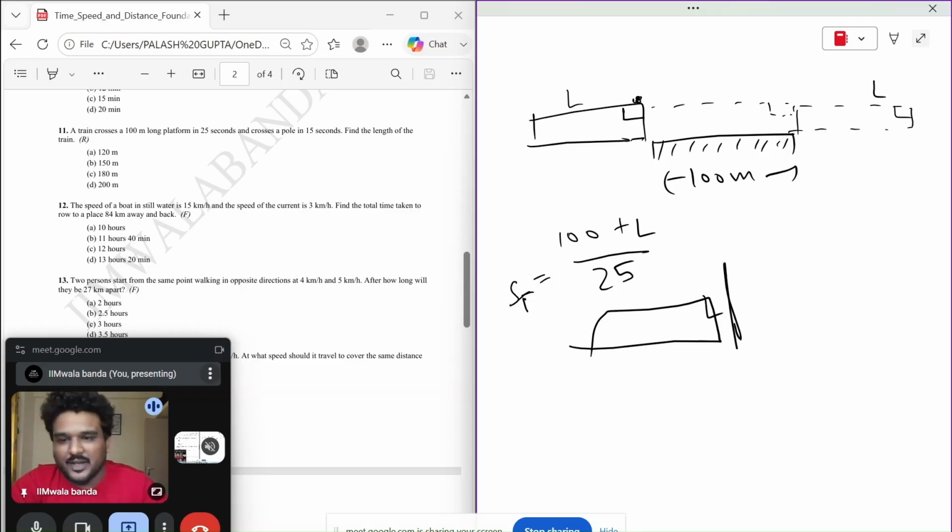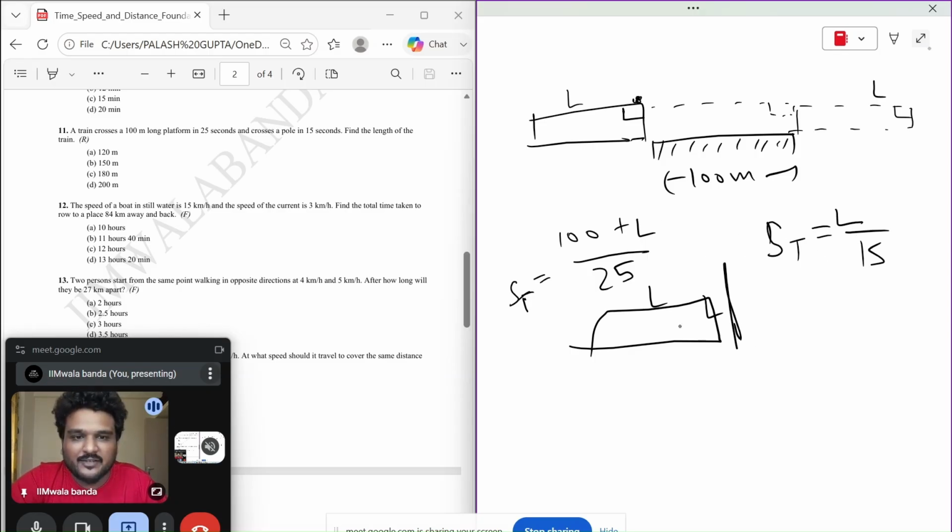So essentially, pole has no length. So I can simply use the other equation in a way that 15 seconds is what the train is taking to cover its own length L, and it is again the same as speed of train, L by 15. Find the length of the train.